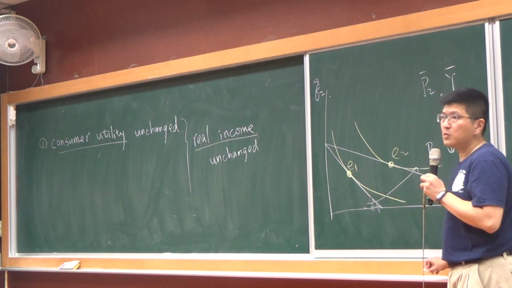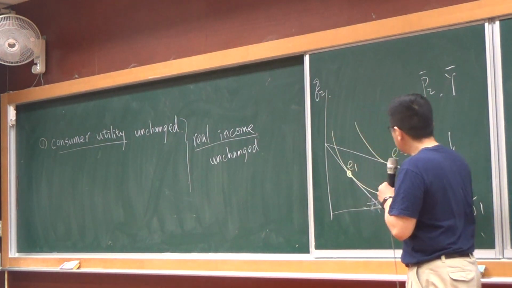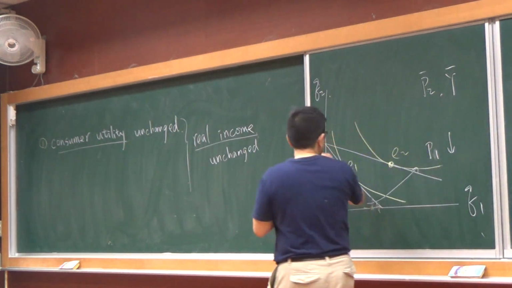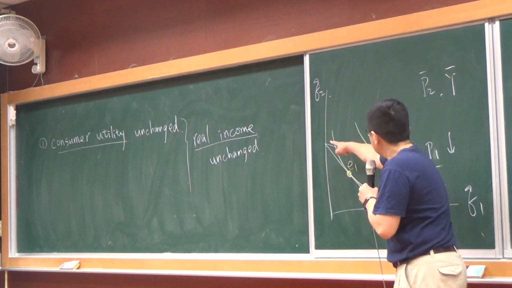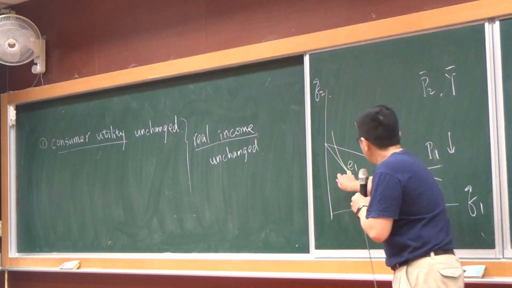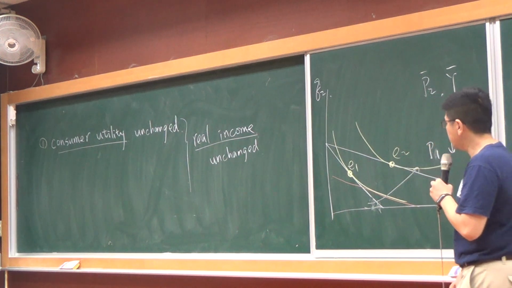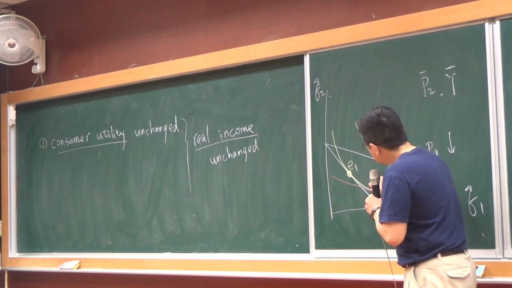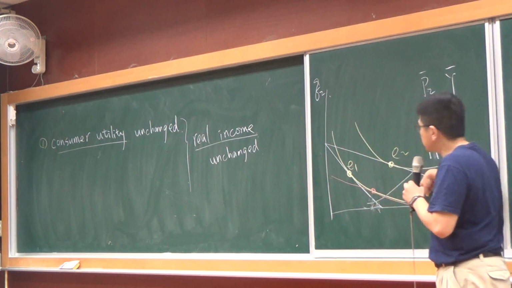And what would be the substitution effect? So we hold the utility unchanged and make a new relative price. So the new price, P1 to P2, we make a parallel line here. Okay? So make this parallel line tangent on the same utility curve, the same indifference curve.